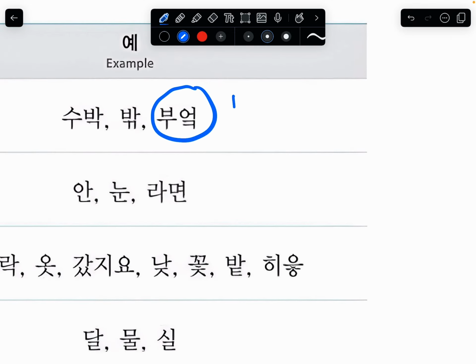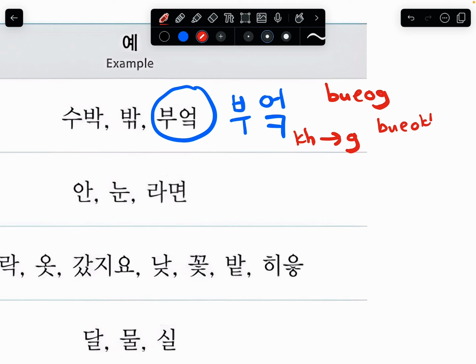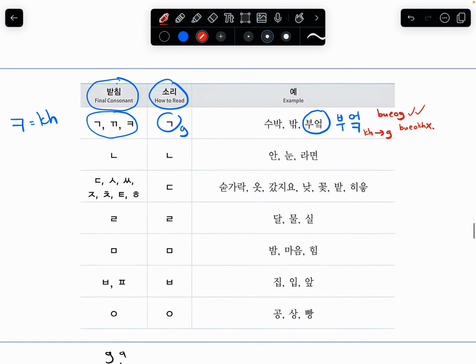Okay, we have BU or KH. So even though this is KH, the sound will be G. So it's not buwak. It should be buwak. Okay, buwak. This is wrong. Buwak. Okay. And then N will become N.